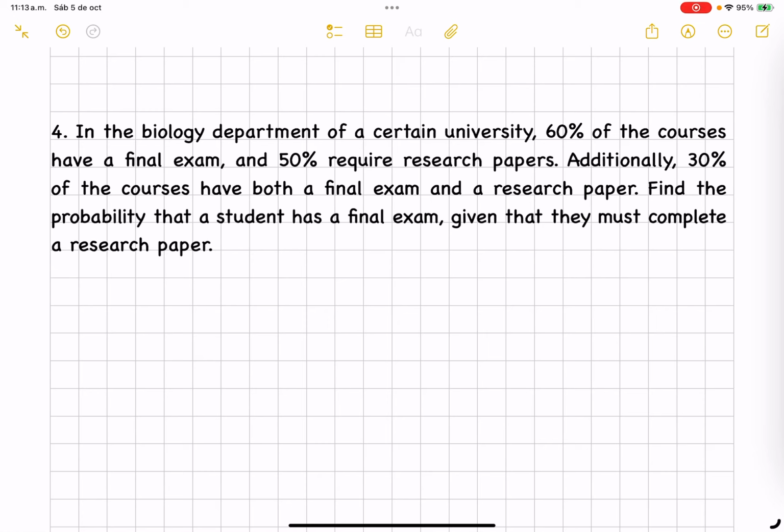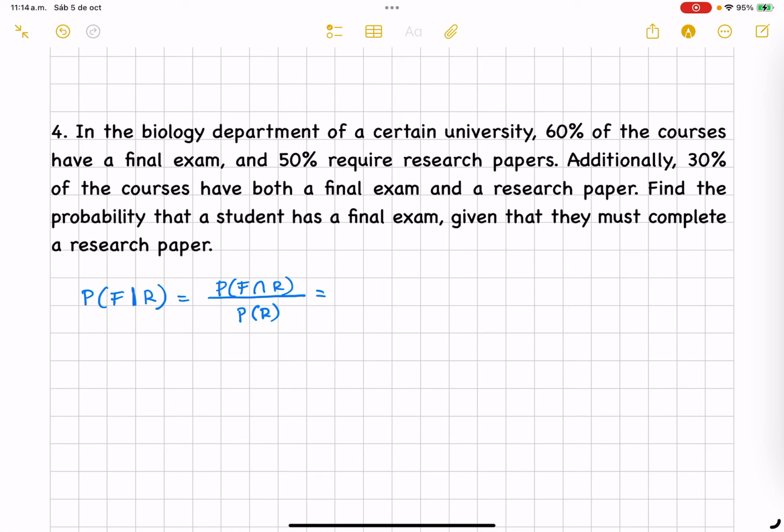So what is the probability to present a final exam if you have already done the research paper? On top always goes the intersection, both situations occurring, and our condition marks our universe, so we divide by the probability of the research paper.